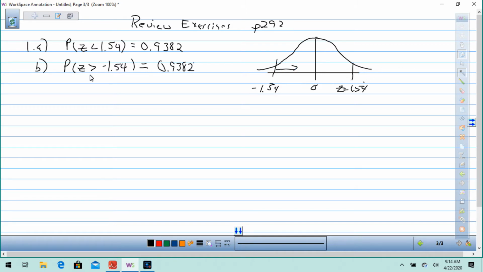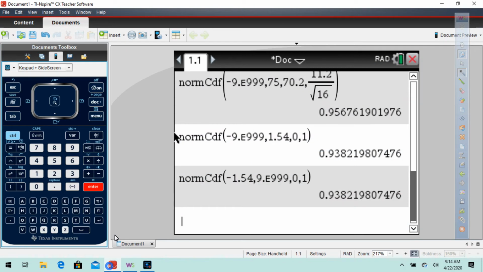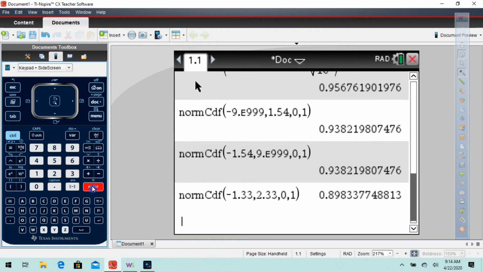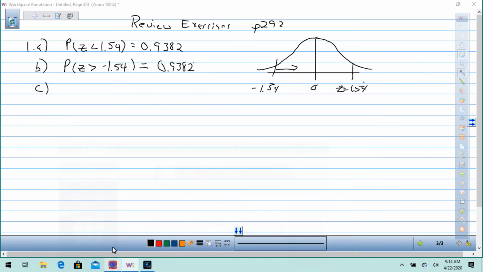C, for a randomly selected subject, find the probability of a bone density test score between negative 1.33 and 2.33. So, Menu 5, 5, 2, negative 1.33, 2.33, and that's 0.8983.